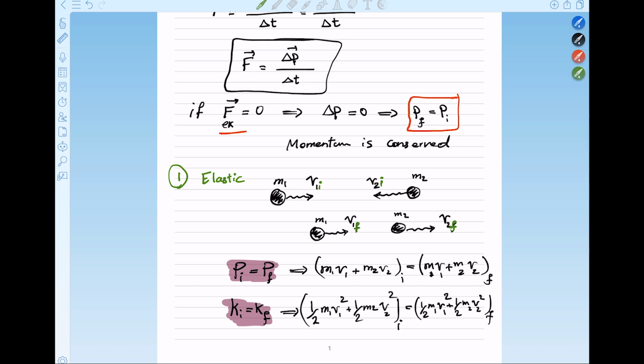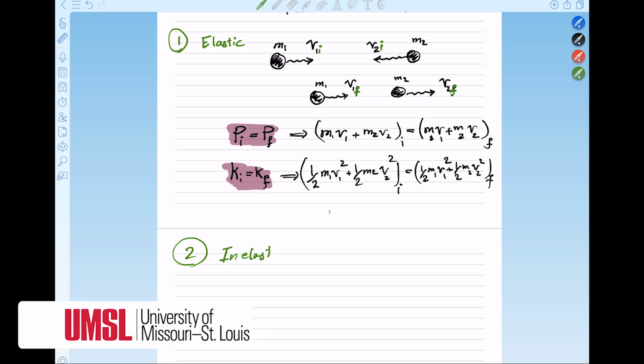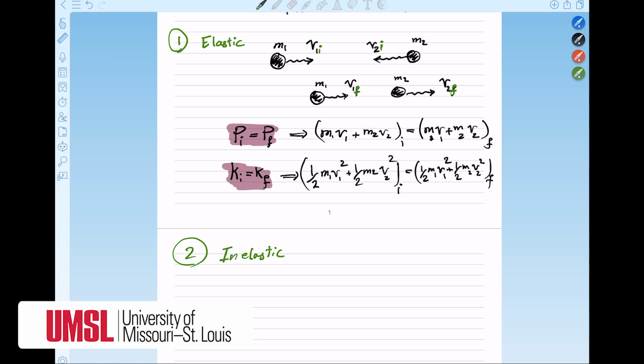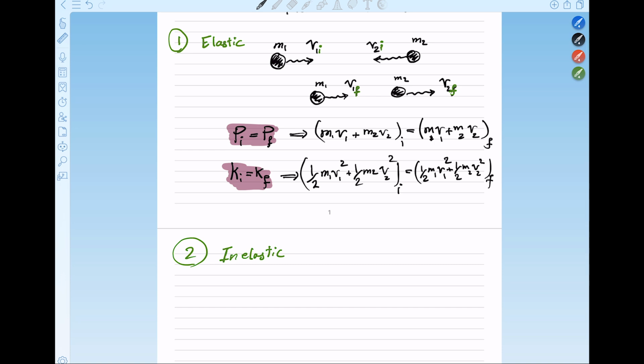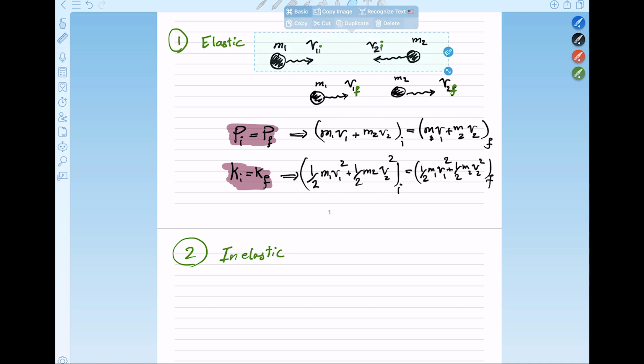There is another type of collision. The second type of collision is inelastic collisions. For inelastic collisions, you have the same setup as before.